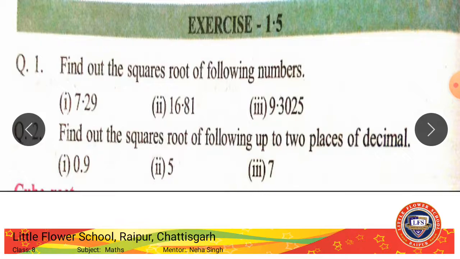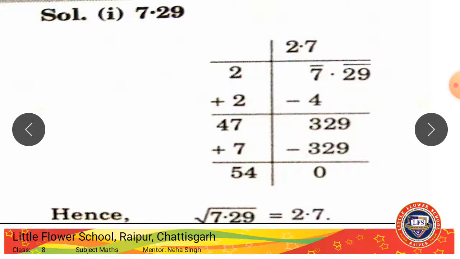Now next let us find the square root. The method used will be the long division method. Using the long division method you are going to find the square roots. The steps are the same, just here you will make the pairs depending on the left hand side and right hand side of the decimal, right?